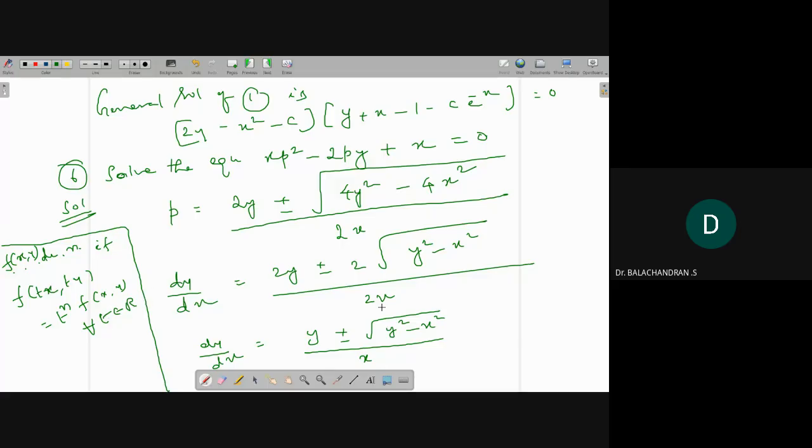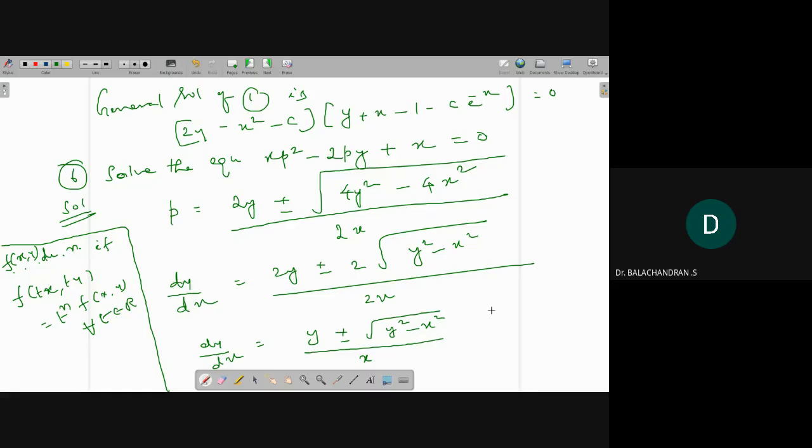So take the right hand side as f of x comma y. Instead of x, you can replace tx. Instead of y, you can replace ty. You'll get t into f of x comma y, or t square. The only thing is, if it is possible to write t power something into f of x comma y, then we say that this is a homogeneous function.